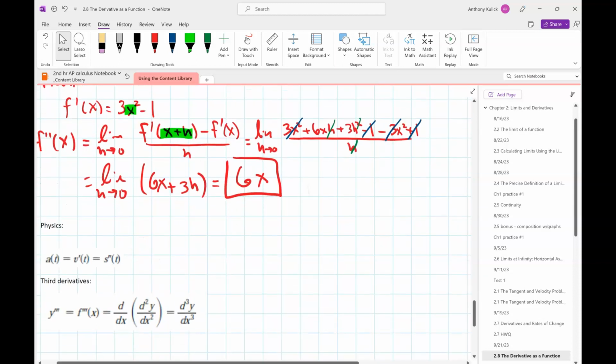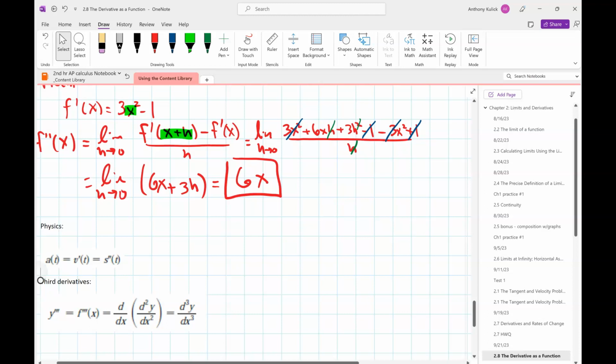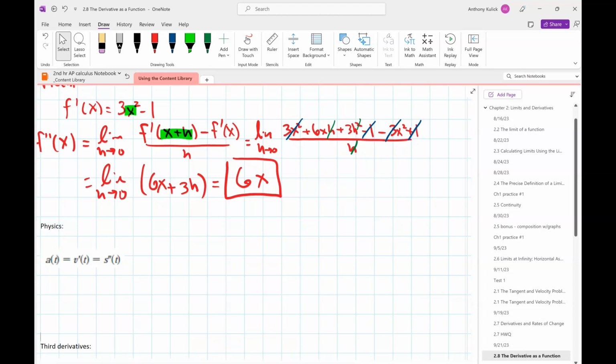All right. A classical example of higher order derivatives is in physics, where acceleration is the first derivative of velocity, which would make it the second derivative of position. So if you think about position, that's in meters, velocity is meters per second, and acceleration is meters per second per second.